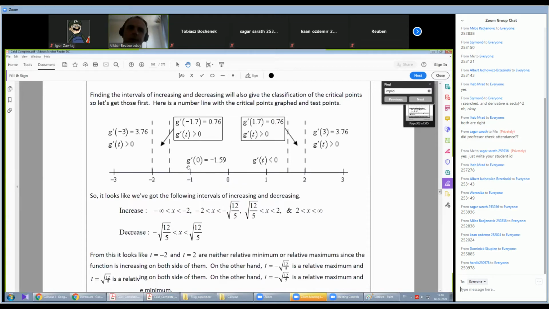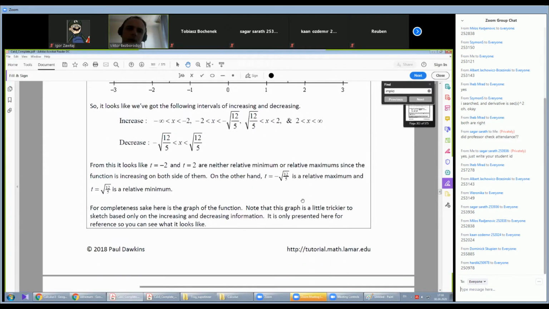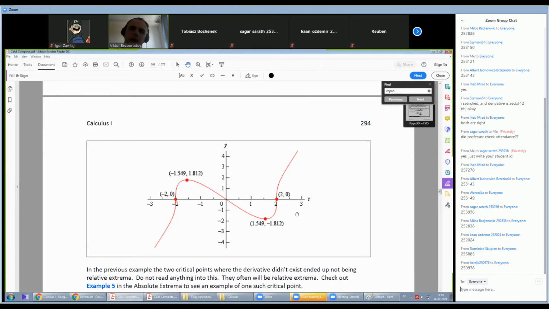Then it's decreasing all the way to this point. So this must be a minimum because it's decreasing to the left and increasing to the right. And then it is increasing. So there should be one local maximum and one local minimum. And this is exactly what's going on here as well. So this is how the function looks like.